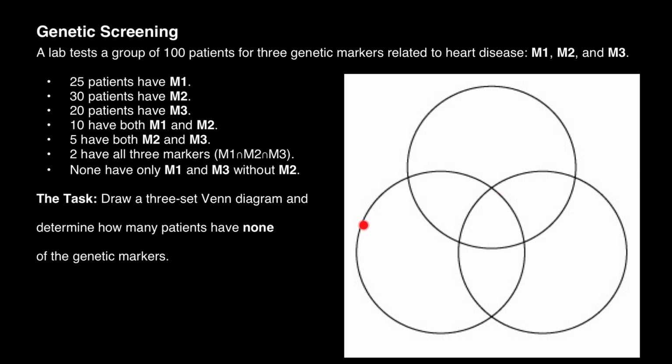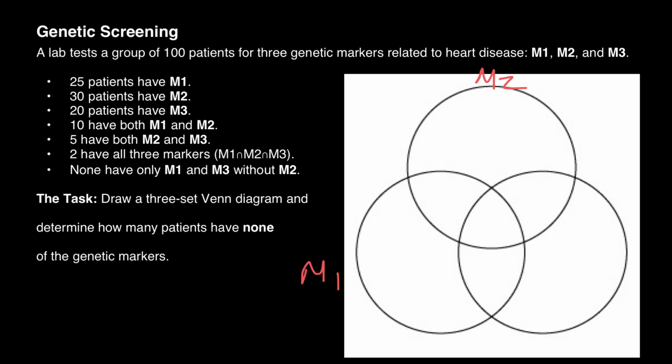Now let's imagine that this circle would represent patients with marker M1. So let's put M1 here. Now let's imagine that this circle would represent patients that have the M2 marker. So this is going to be M2, and the last one would represent patients with the M3 marker.